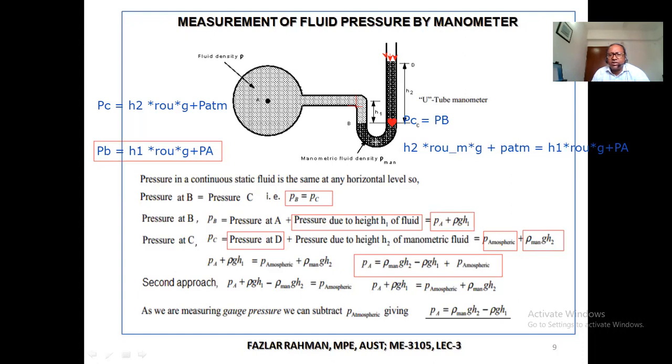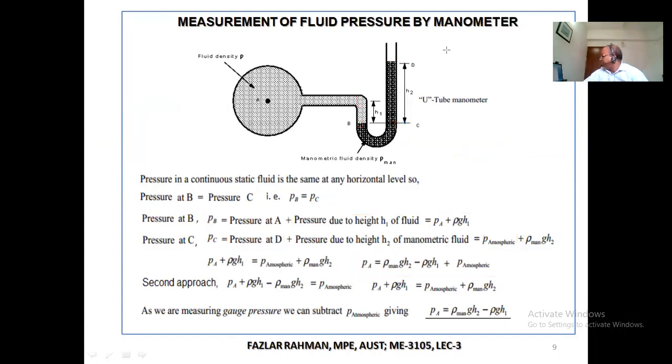And the other way, you can figure out the pressure in PA. Instead of figuring out the pressure at point B and at point C, how can we do it? Let's see, you try to walk from point D through the tube coming to point A, right? You have one option.